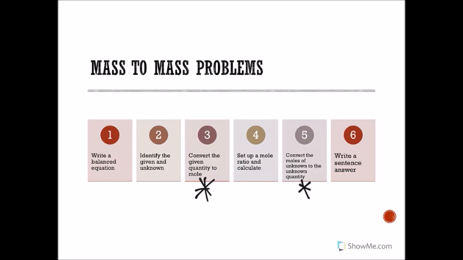It was already in moles, so we didn't have to do number 3, and we just set up our mole ratio and calculated, and then our answer was already in moles, so we are finished. Now we'll have to go through all 6 steps because we're starting with mass. We need to convert mass to moles, set up our mole ratio, and then convert back to whatever units we would like.